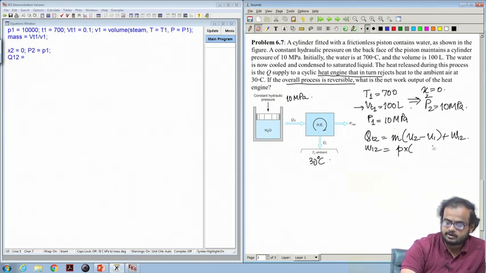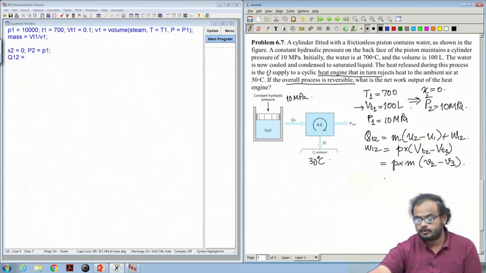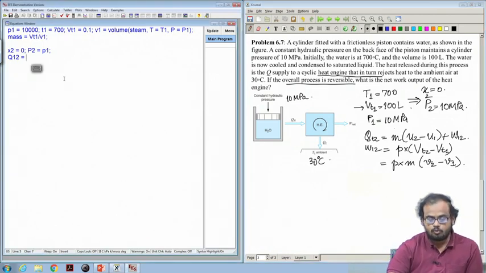I can write it in terms of the total volume, or alternately in terms of the mass multiplied by the specific volume. It is one and the same. So Q12 is equal to mass times U2 minus U1 plus W12, where W12 is mass times V2 minus V1 times the pressure.